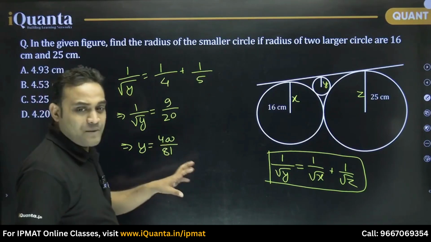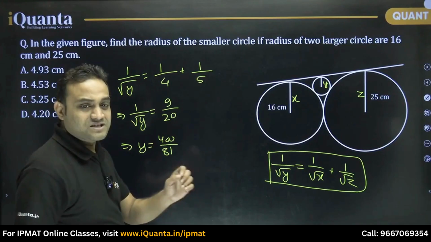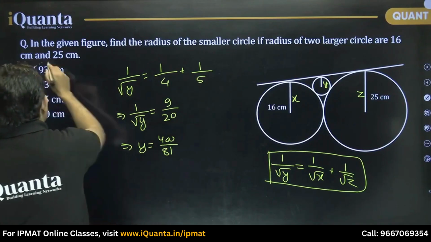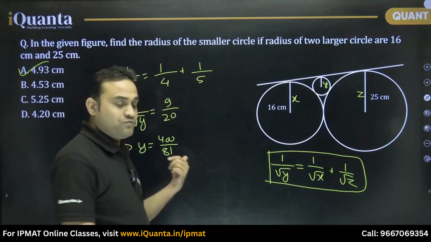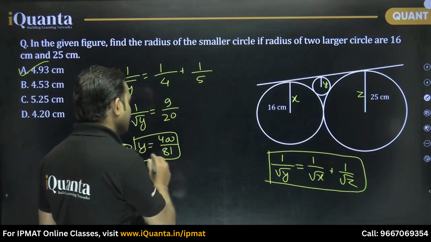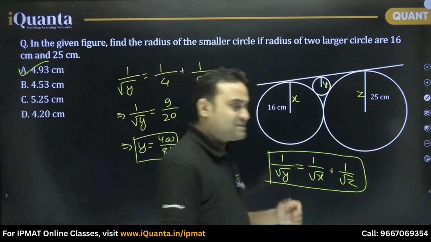So this value is approximate 5, right? Just less than 5. If you check option A, that's closest to 5, and that is our answer. Or you can also choose to calculate it, but that is not required here.